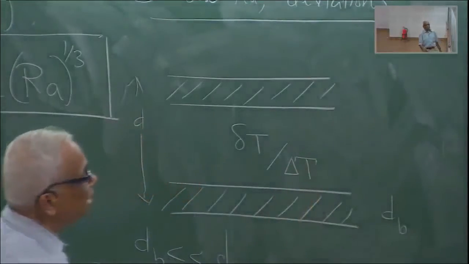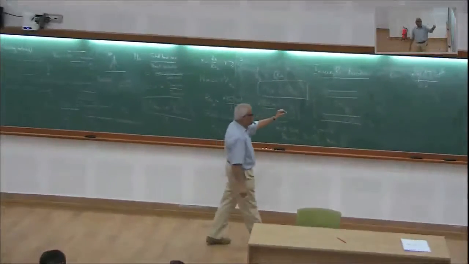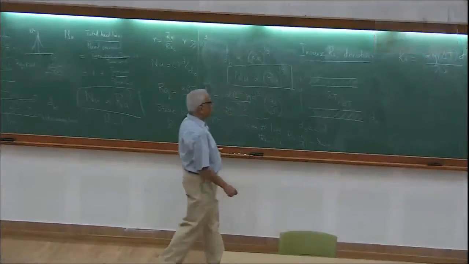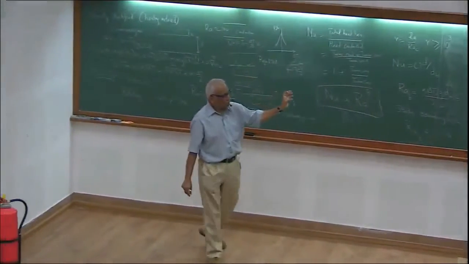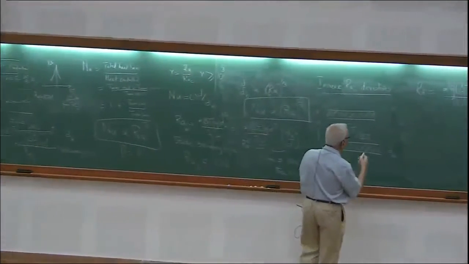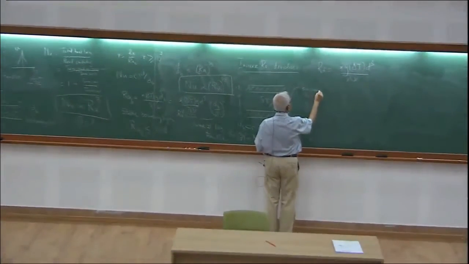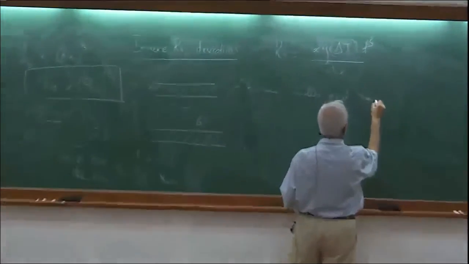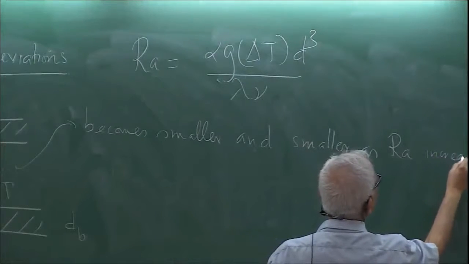Dividing it out by the capital delta T, this fluctuation is going to depend on what the Rayleigh number is. And what you see is that this relative fluctuation, delta t over capital delta T, becomes smaller and smaller as our Rayleigh number increases.